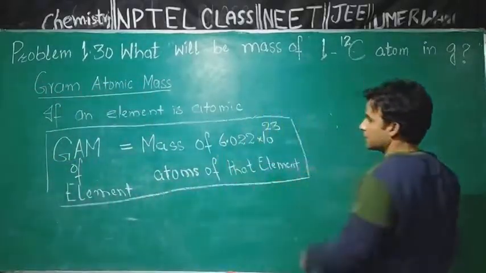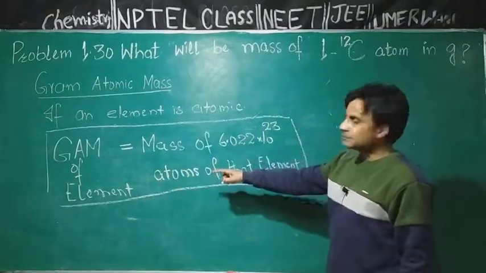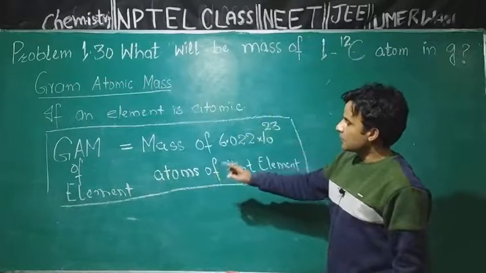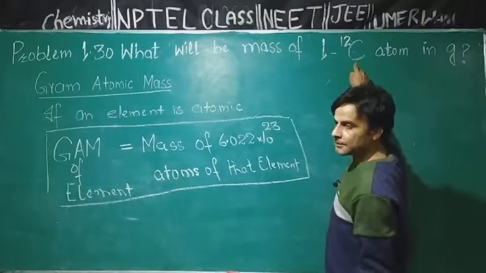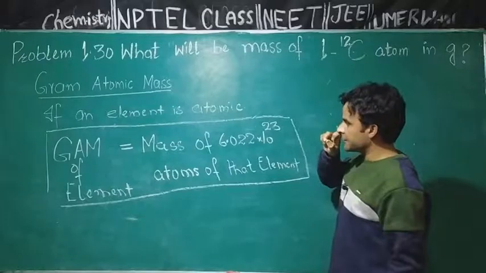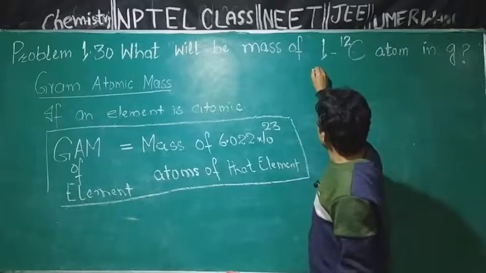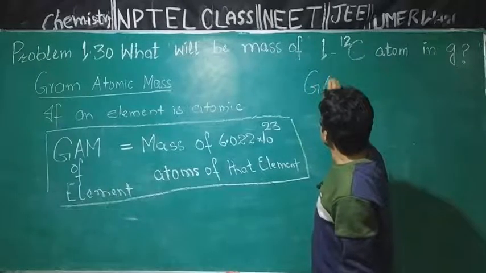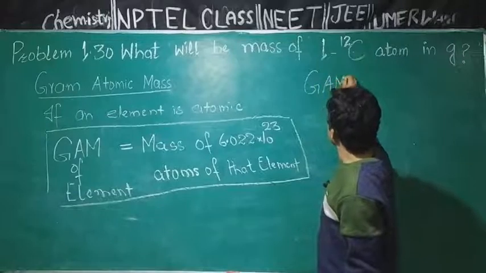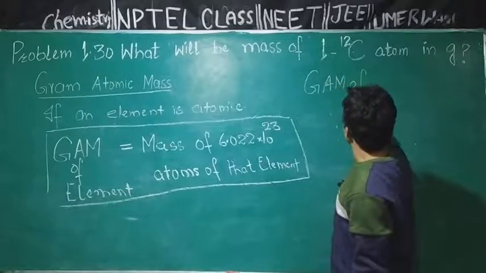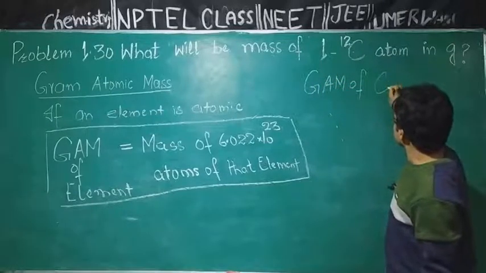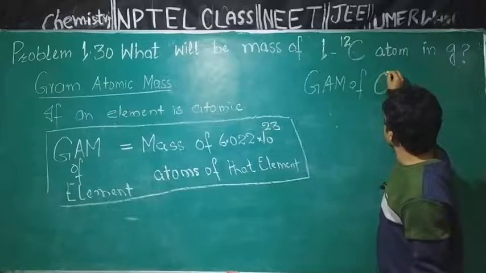Now, if I apply this concept on the element carbon, because here the element is specified as carbon, I may write the gram atomic mass of carbon, and which isotope of carbon? Carbon 12.